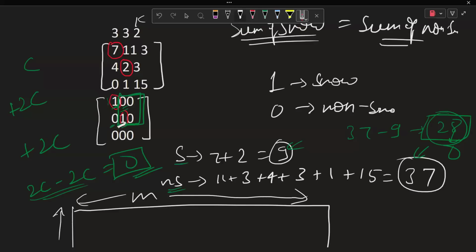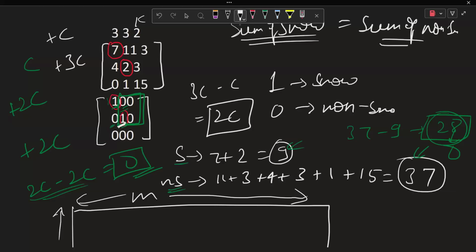So if you select some C, what would you add to the snowy part? You would add plus C to the snowy part. And what would you add to the non-snowy part? You would add plus 3C. What's the change you are making to the difference? It's 3C minus C, which is 2C.